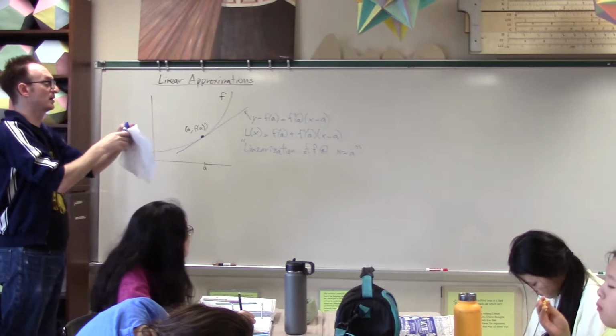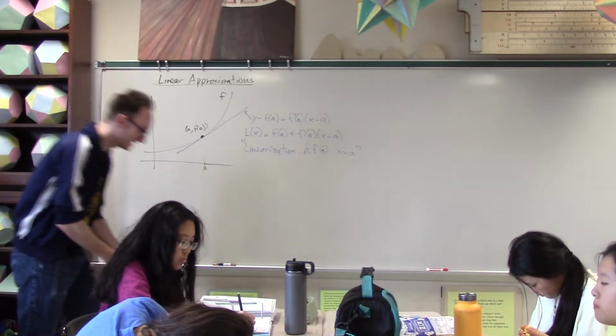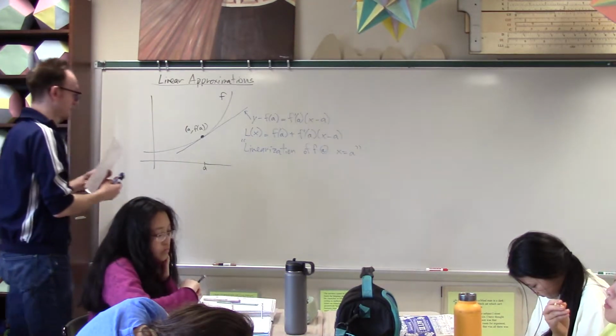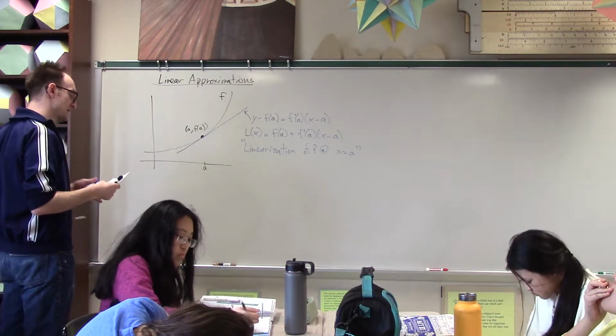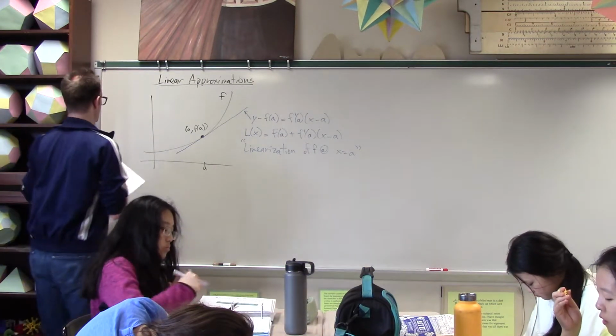Let's immediately go to an example. Find the linearization of root x plus 3 at x equals 1. Go.